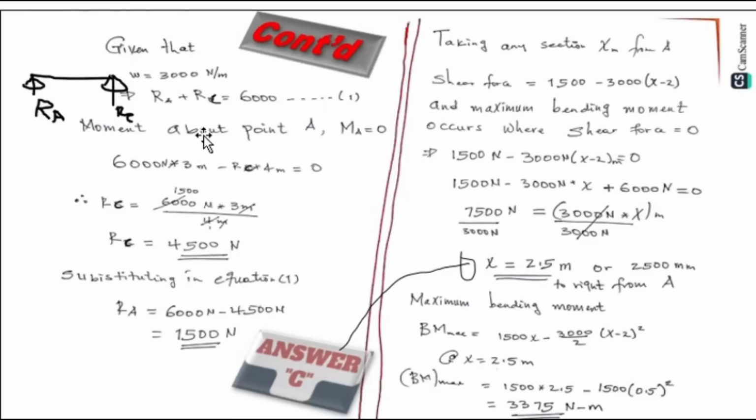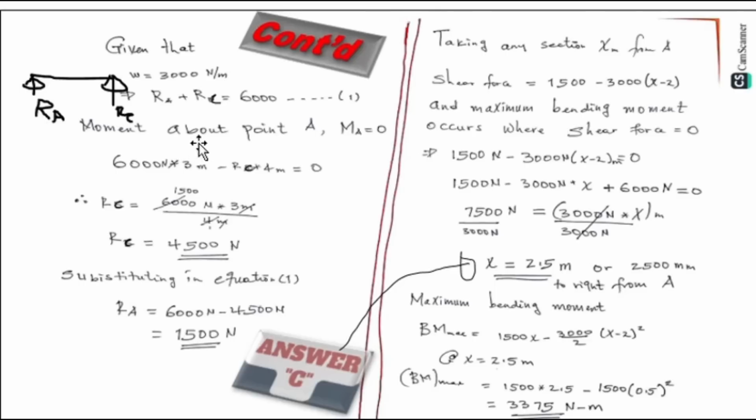We are given that the load is 3000 Newton per meter. The summation of the reaction force at A and the reaction force at C is equal to 6000 Newton, and let's take this as equation 1.